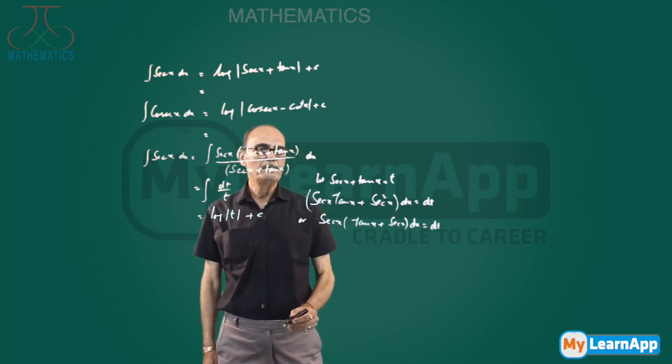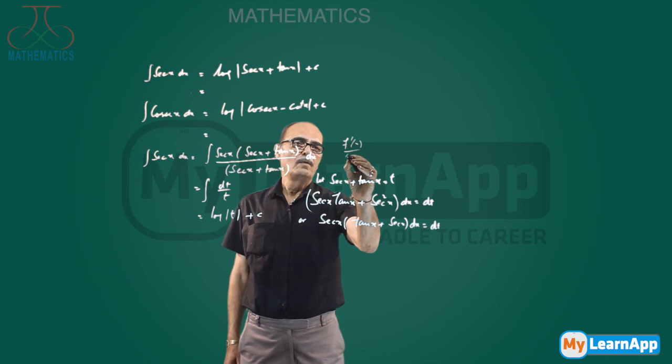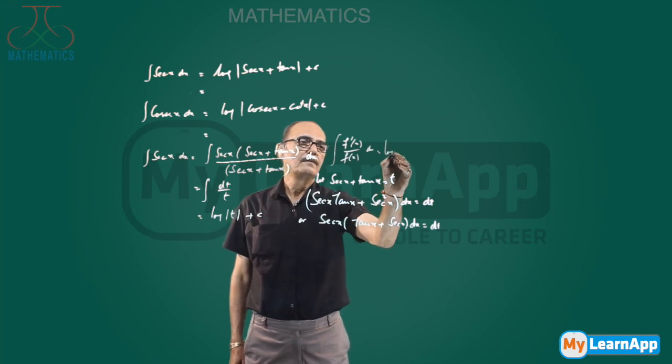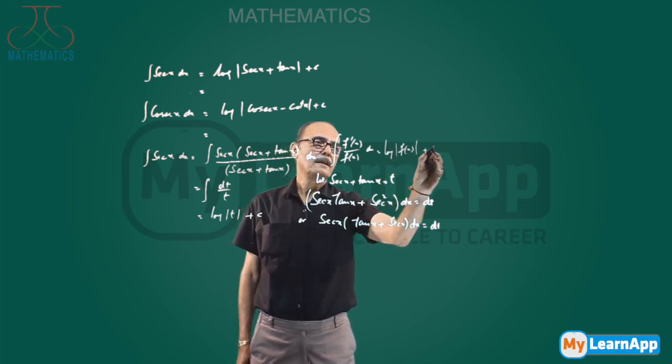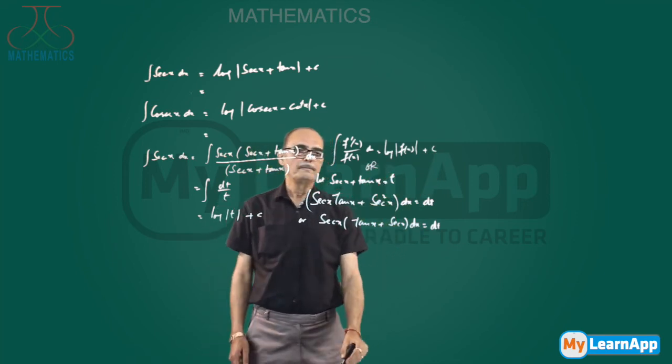You could use the formula, integral of f dash x over f of x dx is log of f of x plus c, or you could do it this way.